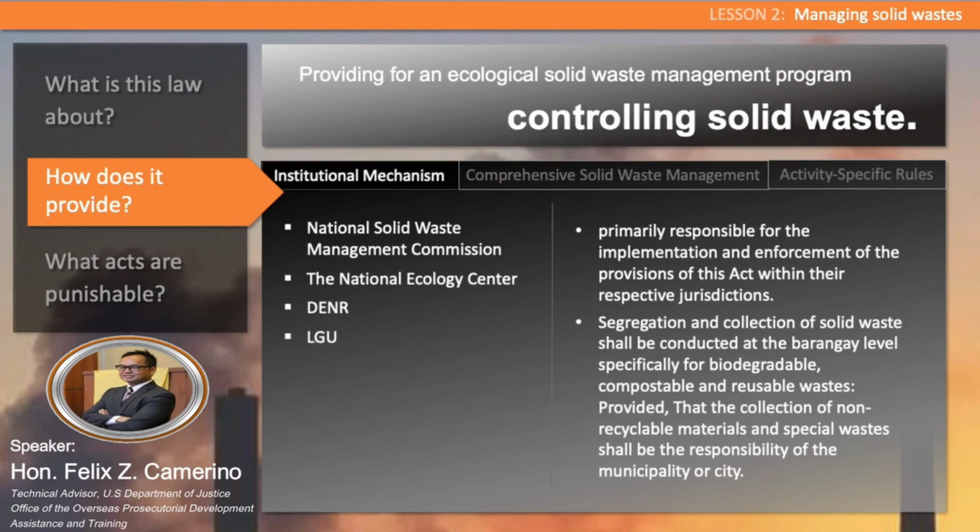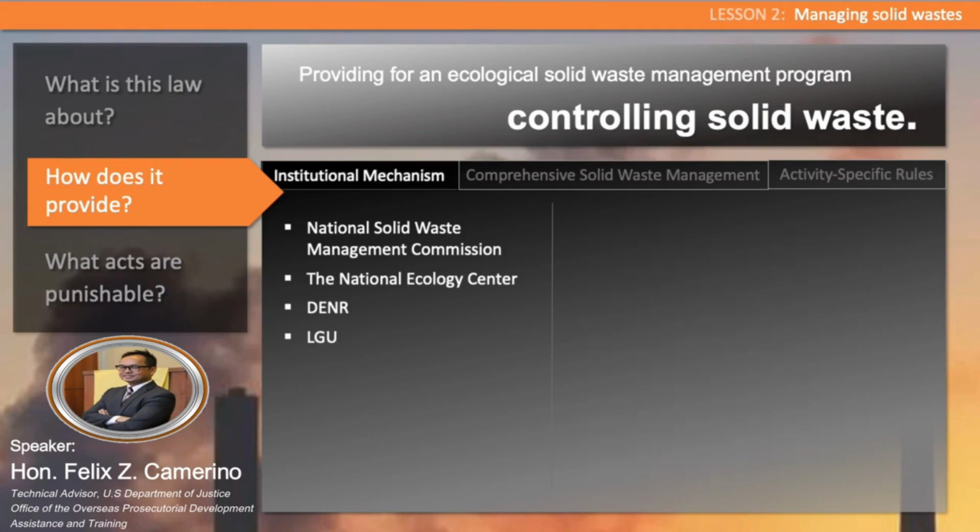But if the subject solid waste is non-recyclable material and special waste, in those cases the responsibility falls with the mayor of the city or municipality.